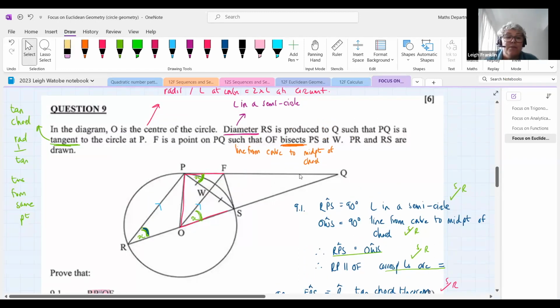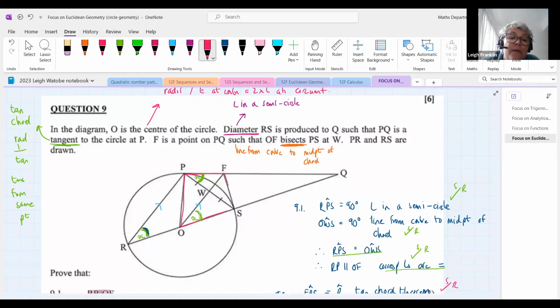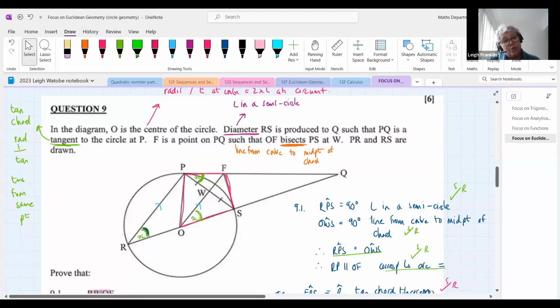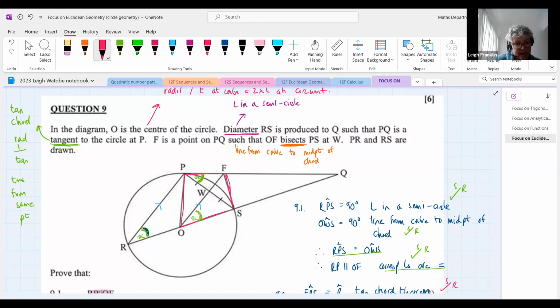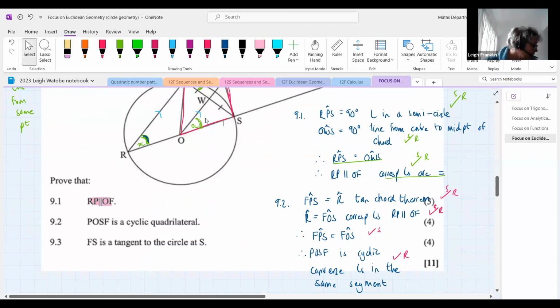Okay, so how could we prove that FS is a tangent to the circle? What do you know? Like when I said, how do you prove that a quad is cyclic? You guys said to me, oh, the opposite angles must add up to 180. Or, angles in the same segment must be equal. So I'm asking you, how do you show that a line is a tangent to a circle?